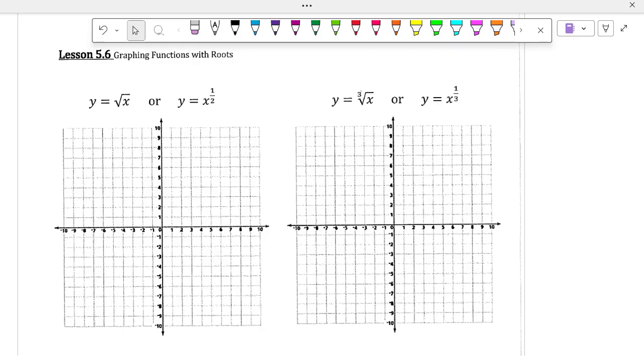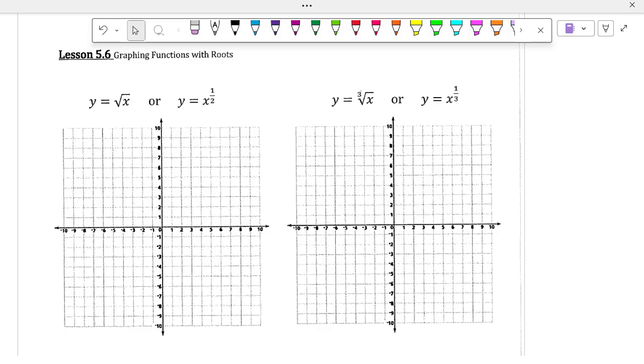So first off, square root of x. Remember, we don't want imaginary numbers. So what's the lowest number that I can have under that radical and plug in for x? In other words, what's the lowest number I can plug in for x and not get an imaginary number? 0.